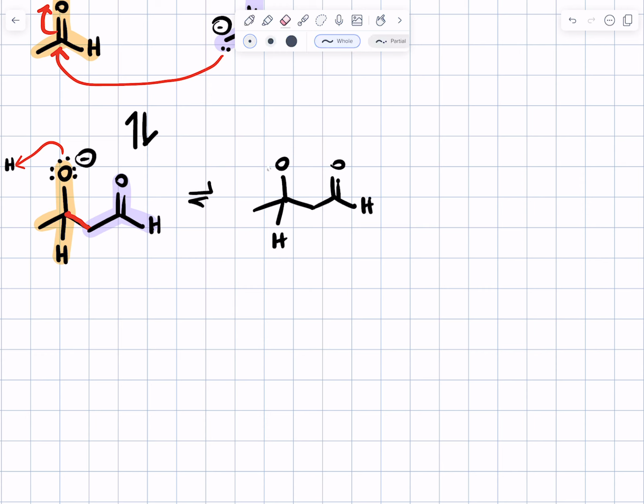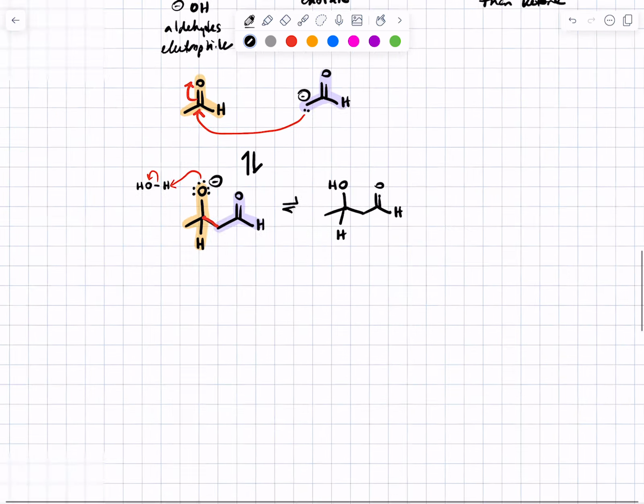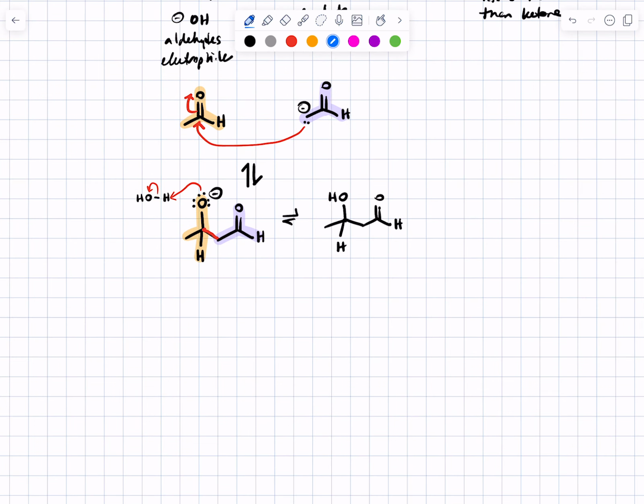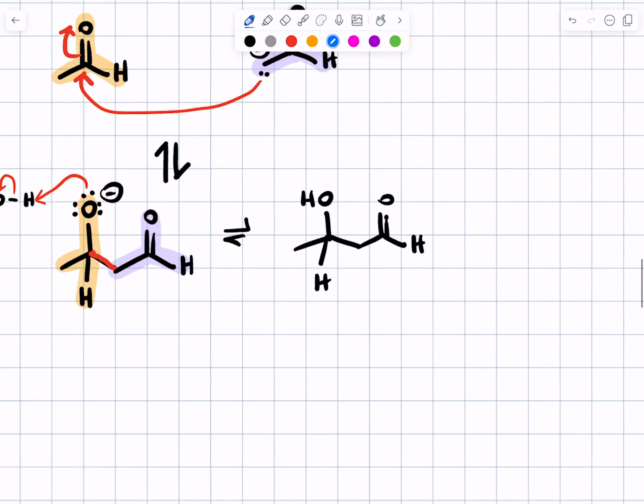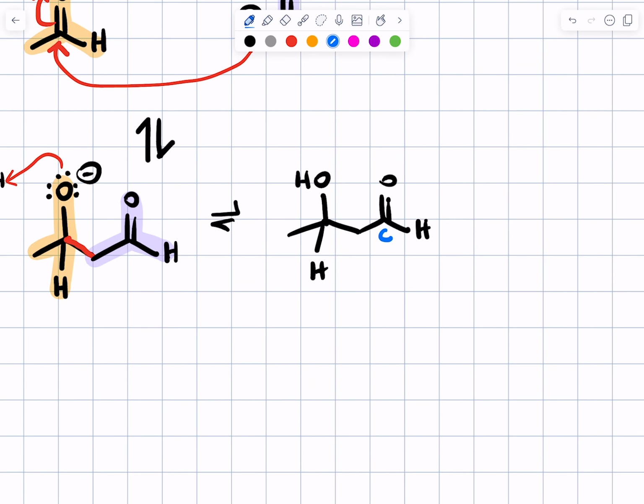All right. So our product of this aldol reaction, we take a single aldehyde and we use some aldehyde as nucleophile and some as electrophile. This product is called a beta hydroxy carbonyl compound, or beta hydroxyaldehyde, because we've got a hydroxy group on the beta carbon.